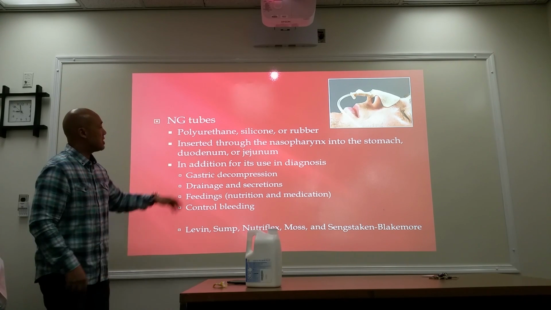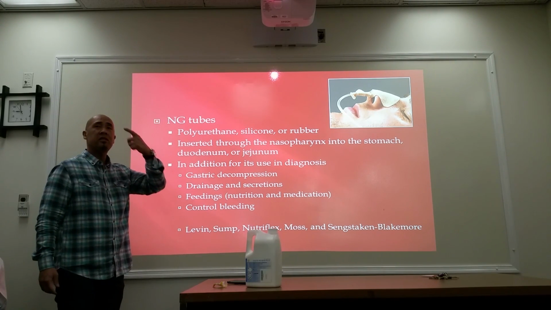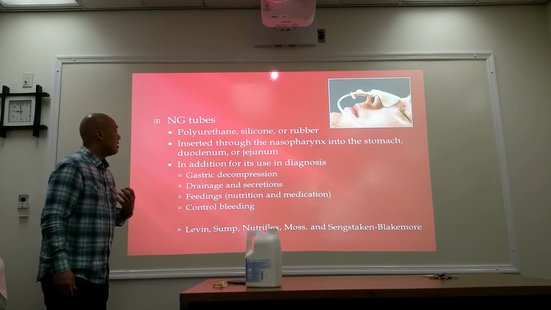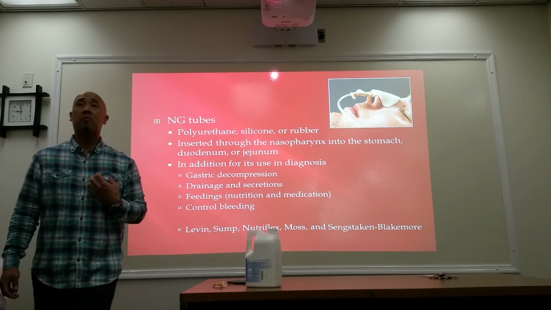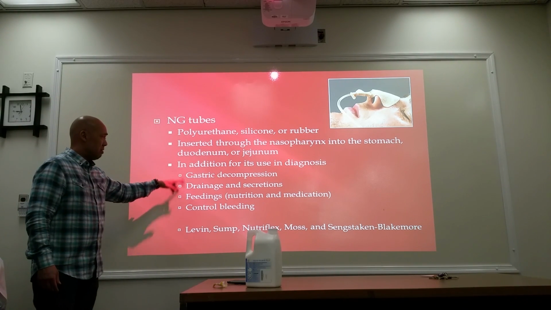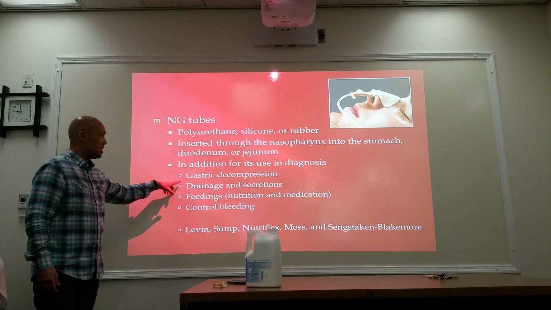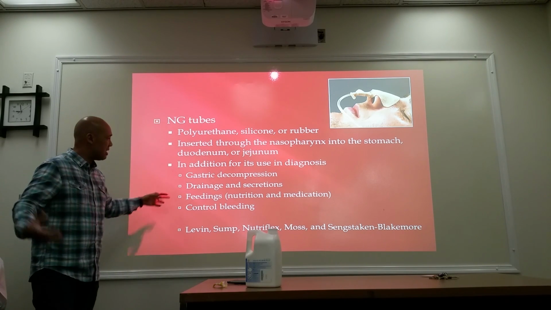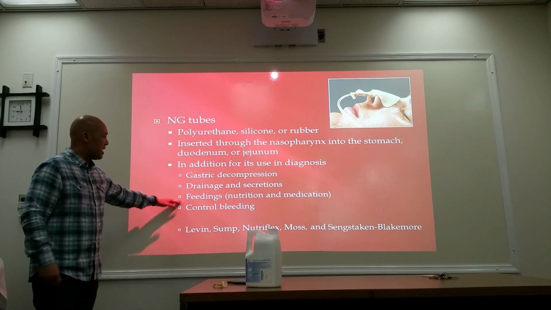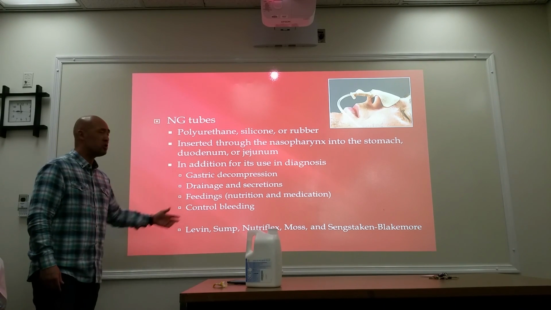So again, through the nose, down the throat, the nasopharynx, down the esophagus, ends up in the stomach or in the proximal portion of the small bowel. Drainage and secretions to remove any gas buildup, so there's your gastric decompression. For feeding, nutrients and medication, also controls bleeding.